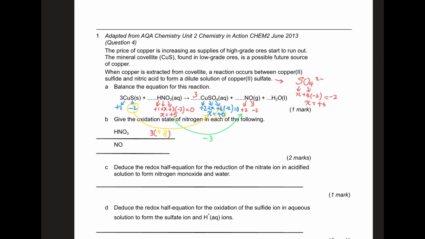So it is positive 6. The changes are positive 8 and minus 3, so that's why I want to change them to 24, the common multiple. I times 3 to this, so I have to times 8 for this.